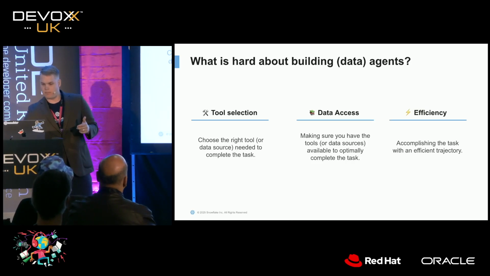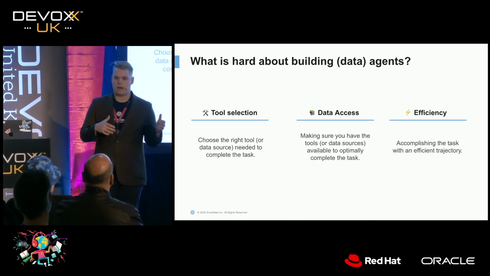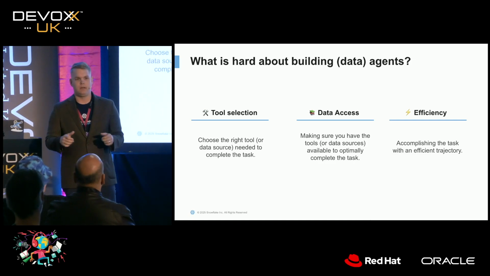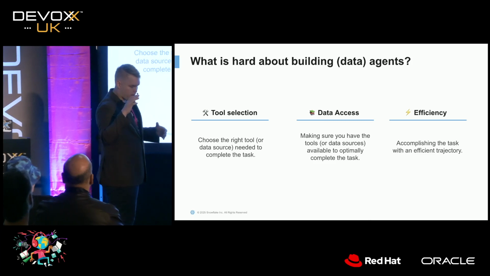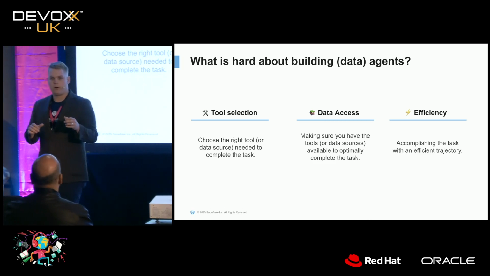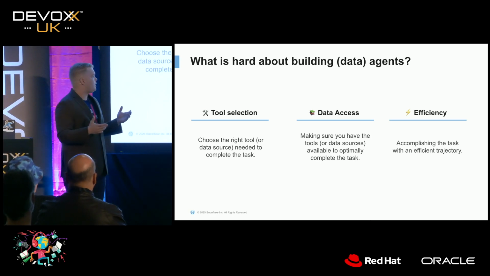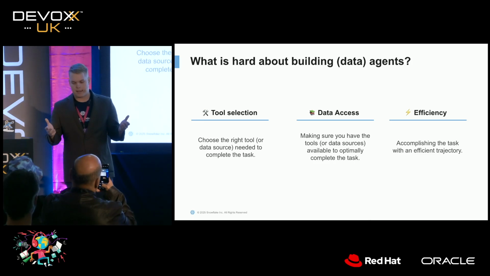So what's hard about building data agents? One challenge that you often run into is choosing the right tool at the right time. Especially when a lot of the tools and data sources are pretty similar, how do we make sure we're choosing the right one that we need? The second challenge you often run into is data access.